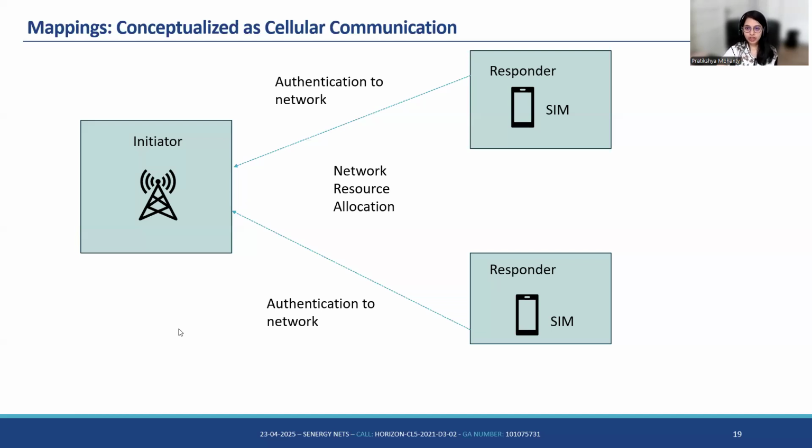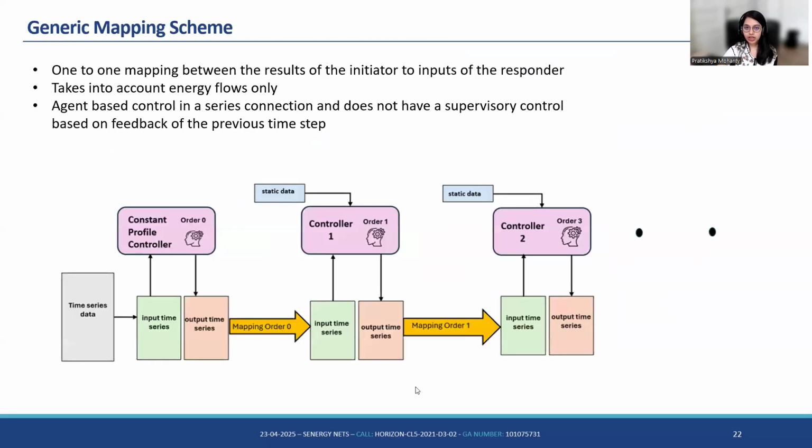And once the responder or the mobile phone has authenticated itself, the initiator or the cellular network allots the responder a certain bandwidth or frequency to make this communication possible. This is known as network resource allocation. So this is how it basically happens. And once the user has authenticated itself, the network registers this user, and it's open for bidirectional communication.